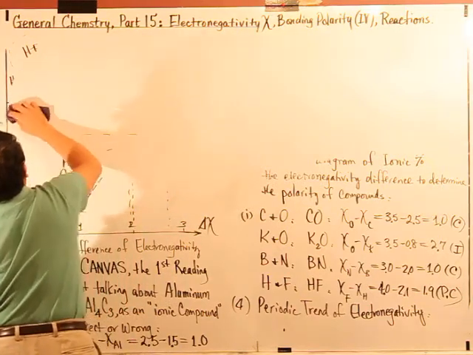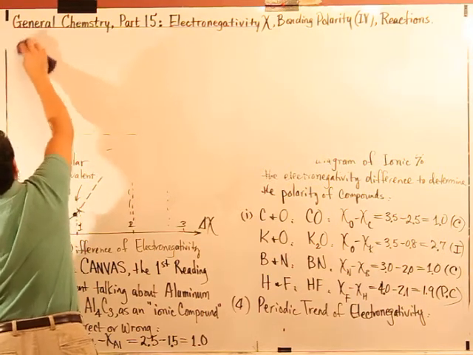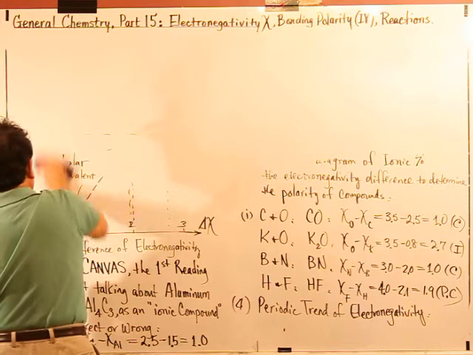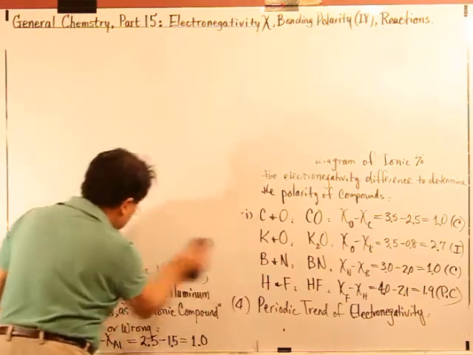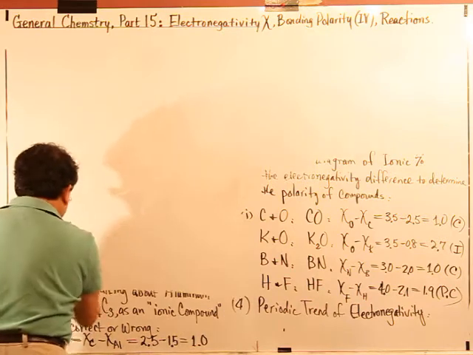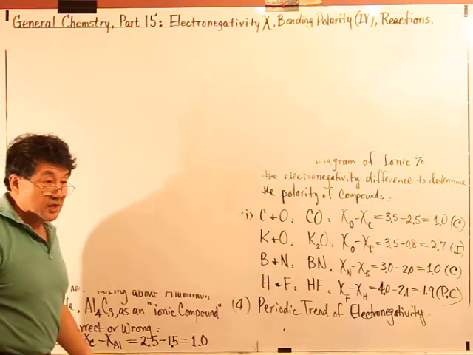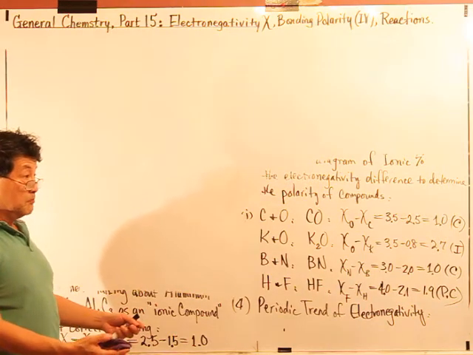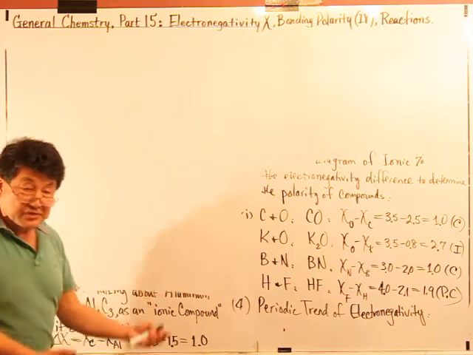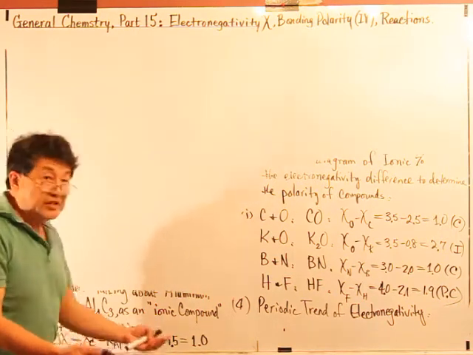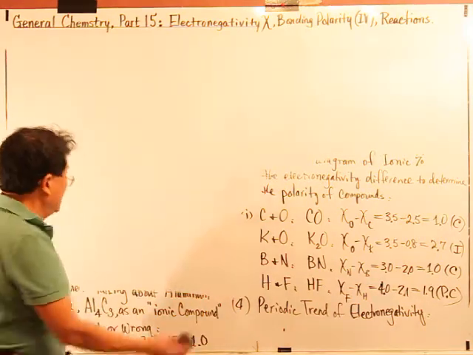In the next section, part 16, we'll get into full swing on chemical reactions, starting from the classification of chemical reactions and their driving force. What does driving force mean? What is the reason to make this reaction become reality, make this reaction happen?